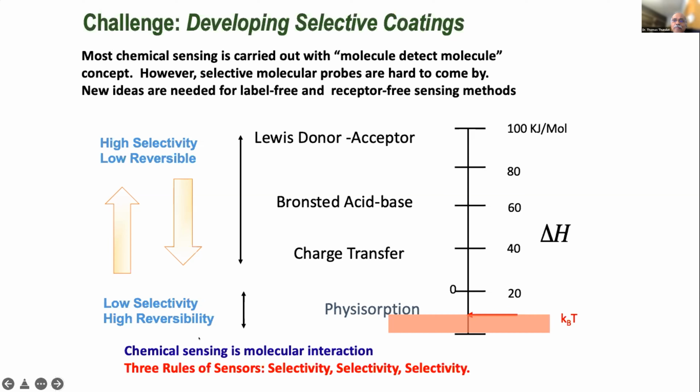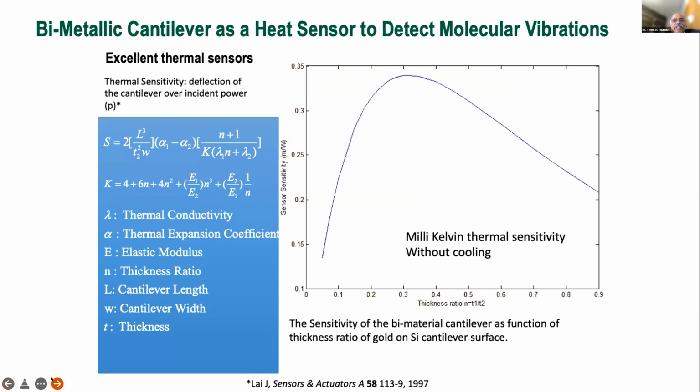If we go up in energy, then it becomes irreversible, so it works only one time. This is not a good idea. If you make it highly reversible, then selectivity is also low. The three rules of chemical sensing are selectivity, selectivity, selectivity. Unless we have selectivity, there is no sensor.